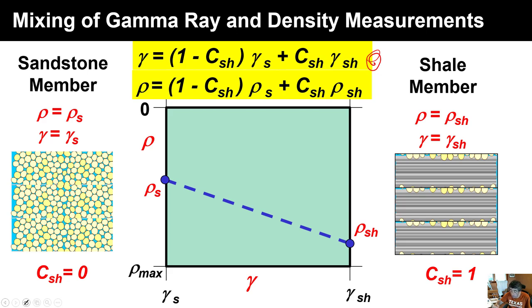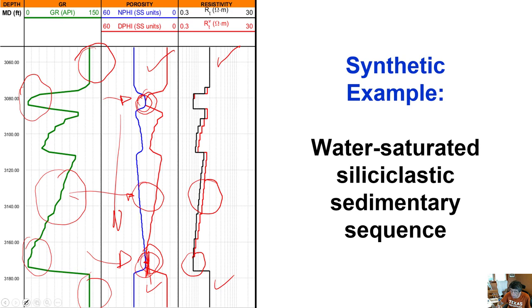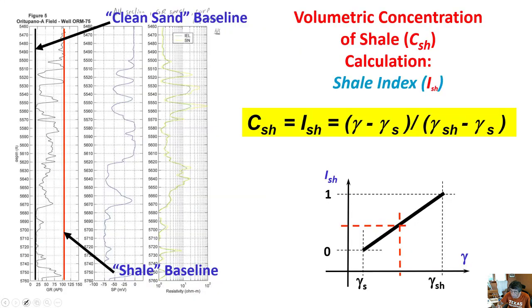So solve this equation, and the solution that comes is precisely this formula that you see here. That formula is the realization of the mixing law, turning the equation so that you assume you know what the gamma ray log is in the pure shale and in a clean sandstone, and if you measure the gamma ray log anywhere else, then you can calculate the volumetric concentration of shale at that point.